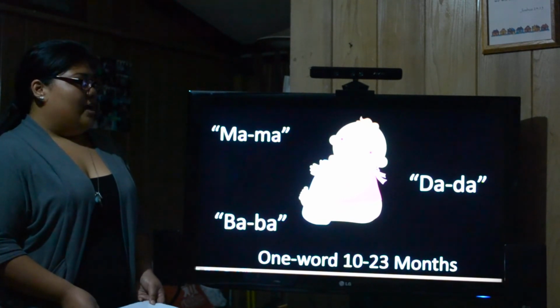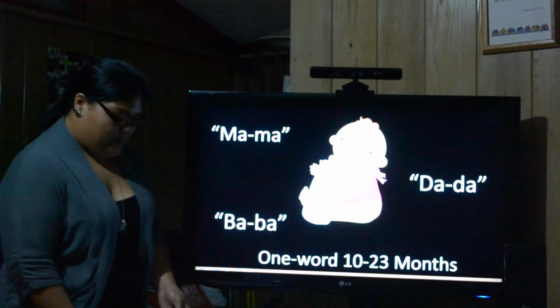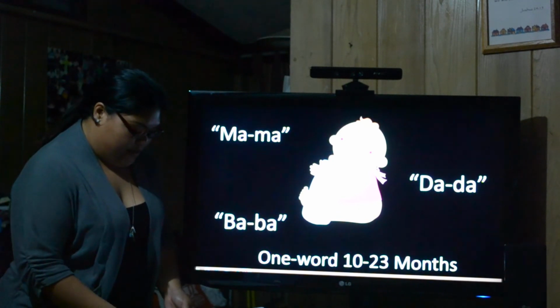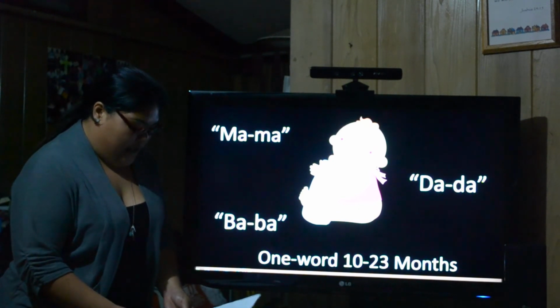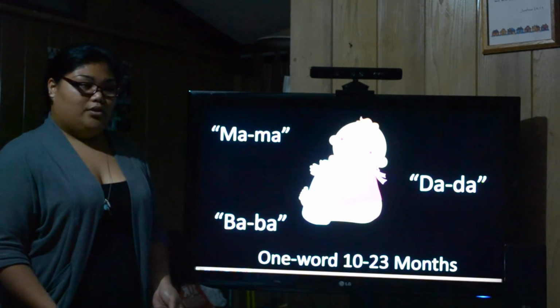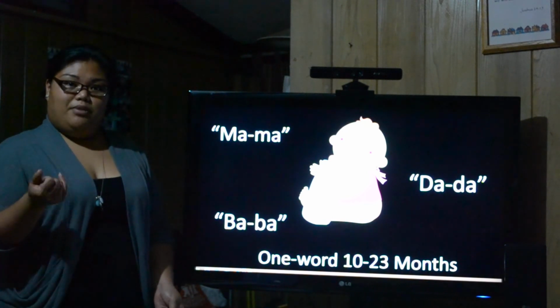Usually the child's first words will be something of importance to them and plays a concrete role in them developing their language. At this point, they are able to comprehend more than they can produce words, so they are able to understand simple gestures such as come here and goodbye.